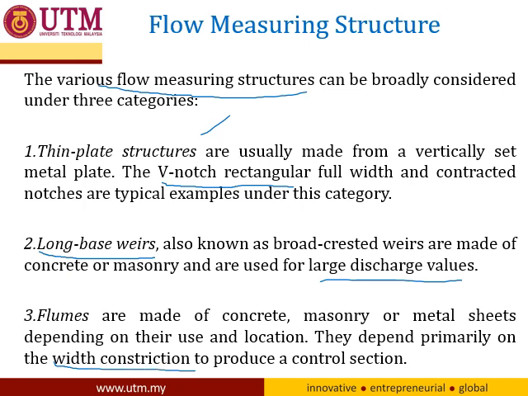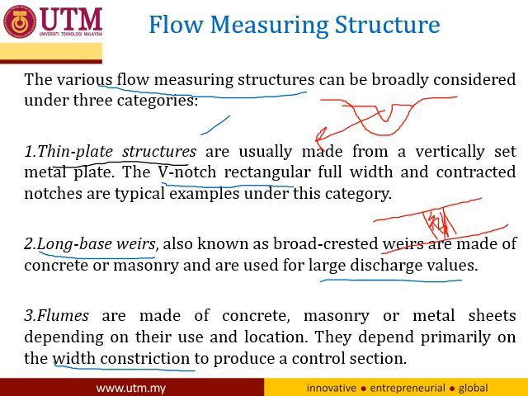So for example, number one is thin plate, like I drew for you, this is the cross section, and then there is some thin plate with a V-notch. And then there is some weir. Let's say there is the river, and if you look above the river, there is some broad crested weir.